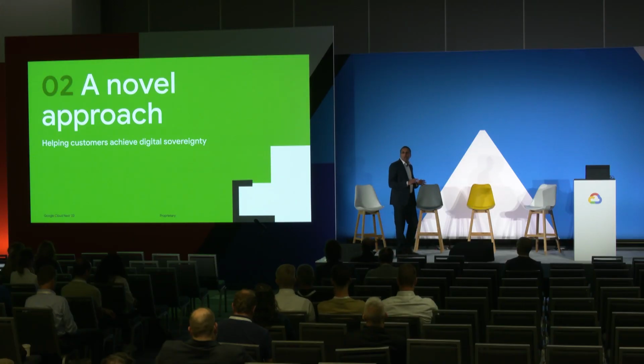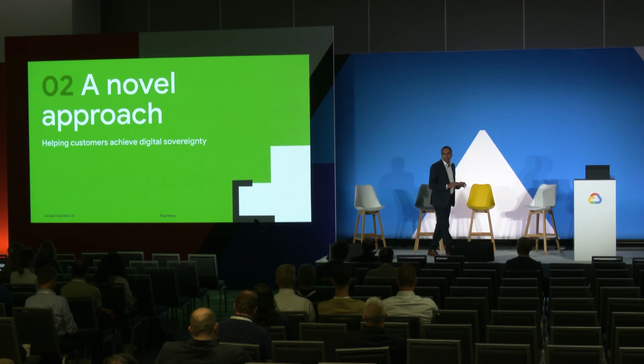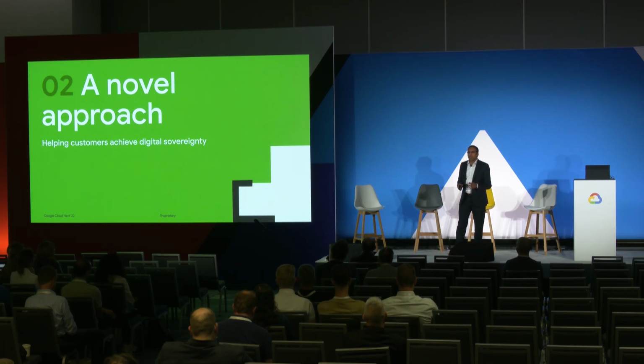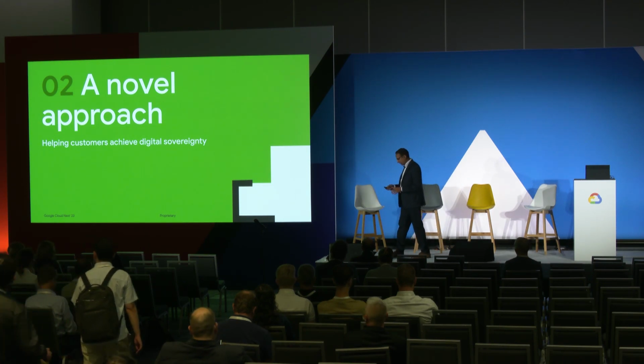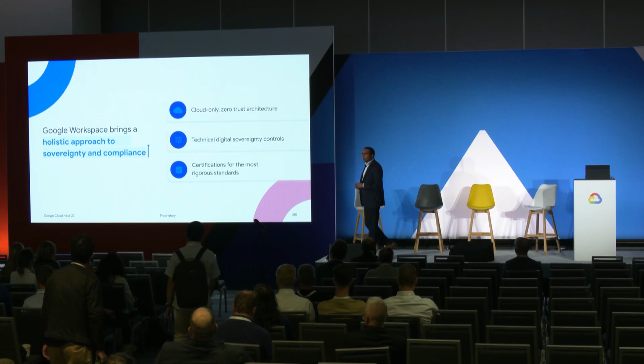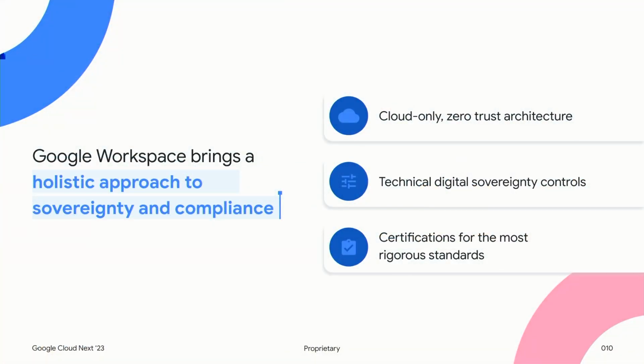At Google Workspace, we're taking a completely novel, unique, and differentiated approach to sovereignty. We're really thinking about digital sovereignty much more holistically than just rote location of data. We do that by starting you off with an extremely secure foundation. Google Workspace is cloud native and zero trust out of the box. What do I mean by that? I mean, we were born in the cloud.